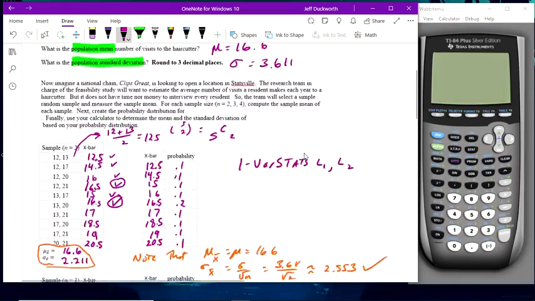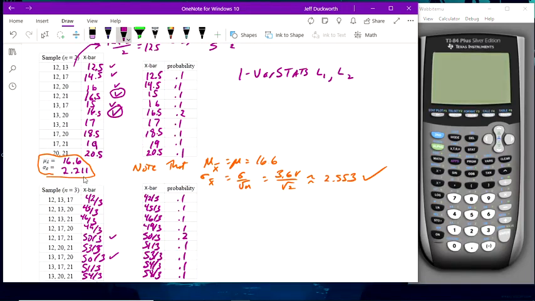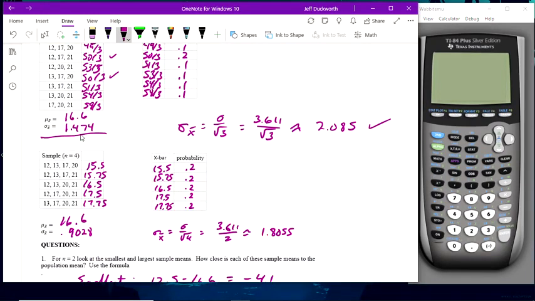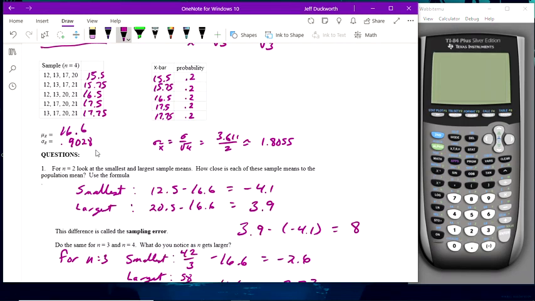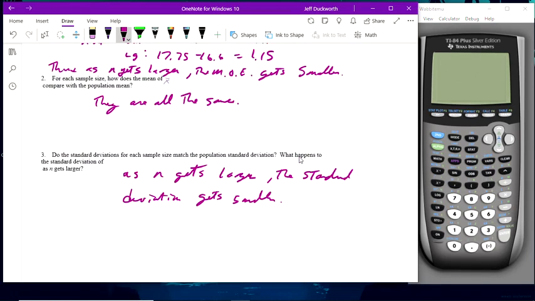Take our first value, 2.21 to 1.474 to 0.9028. As n got bigger, our standard deviation of x bar got smaller. And that's how you solve this homework. Not too terrible. You can certainly email me with questions as well.